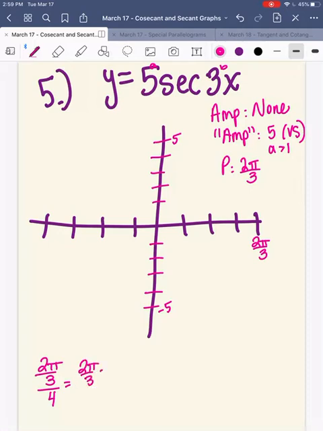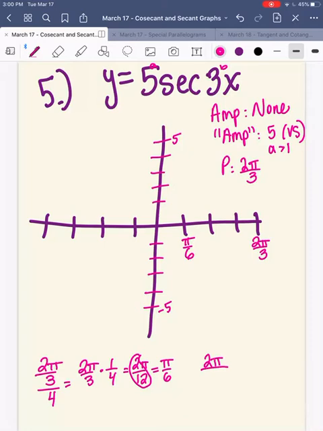So 2 pi over 3 times 1/4 gives me 2 pi over 12, and that simplifies because 2 goes into both, which is how I get pi over 6. Y'all with the Casio calculator, that should not be an issue, but if you're doing this by hand, it takes a little bit more effort.